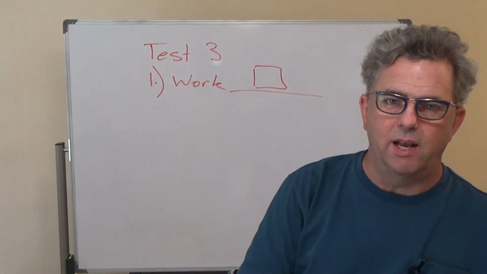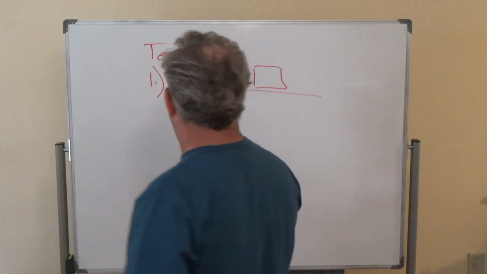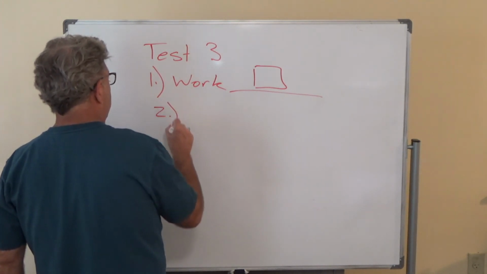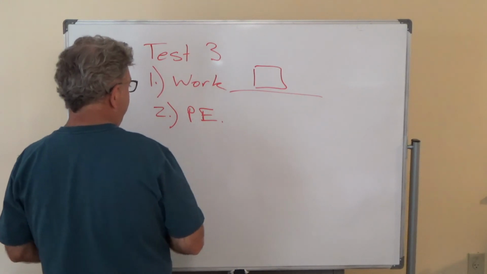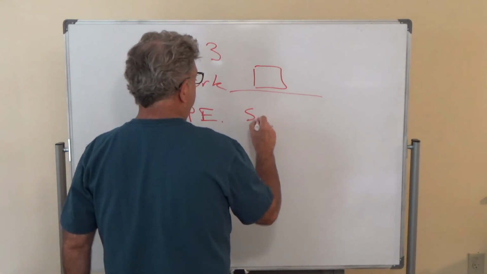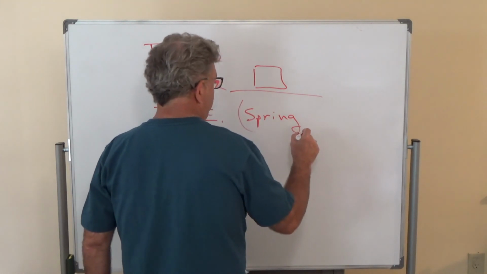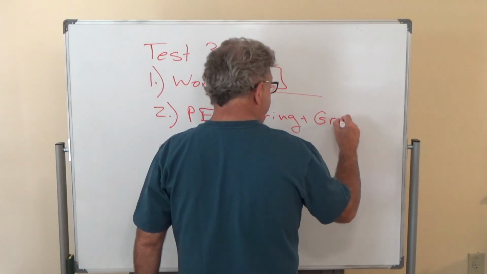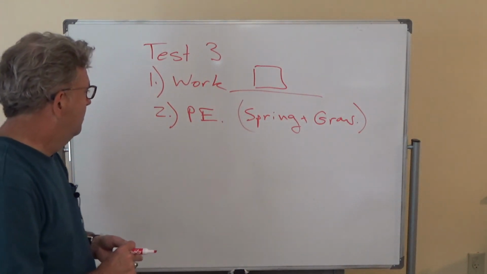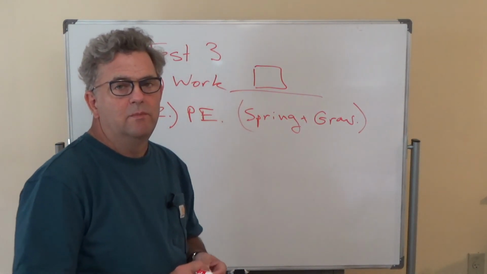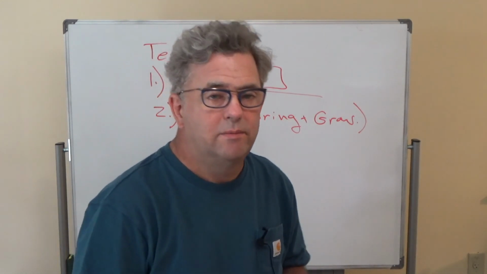What's the change in kinetic energy? That kind of thing. All right. Number 2. Potential energy problem of some kind. Maybe a spring. Maybe like the one in the homework. Spring plus gravity, maybe. Or maybe only gravity. I don't know. Okay. Some such problem like that.